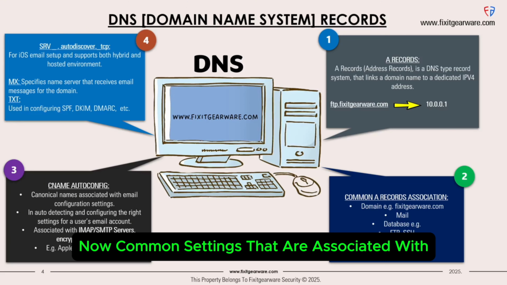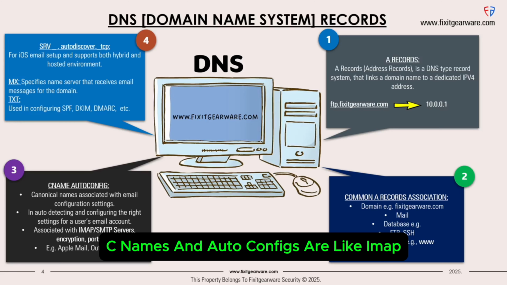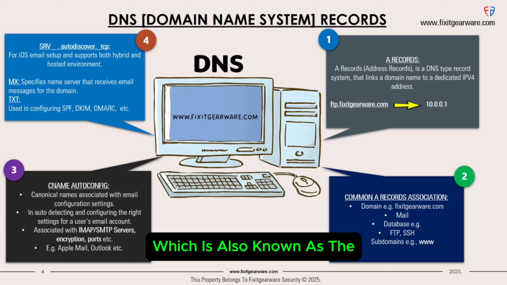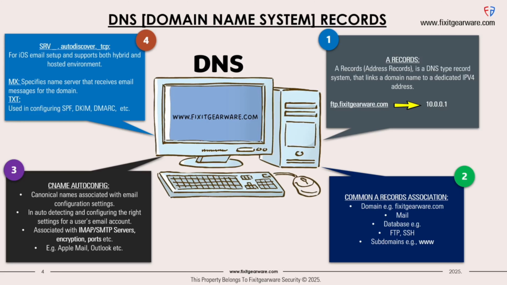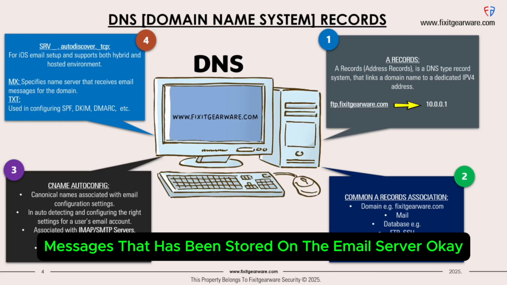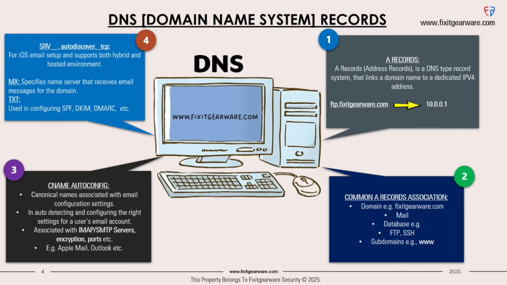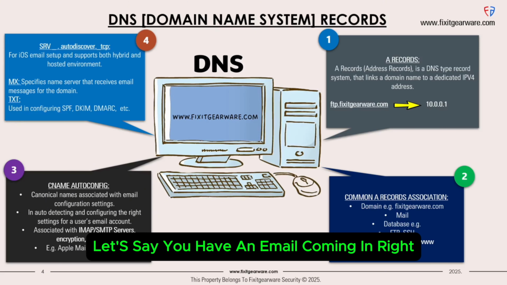Now, common settings associated with CNAMEs and autoconfigs are like IMAP, which is also known as the Internet Message Access Protocol. Like we previously explained, it's used by email clients to retrieve email messages that have been stored on the email server. Let's say you have an email coming in.